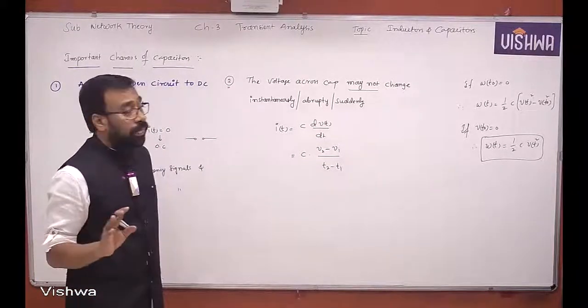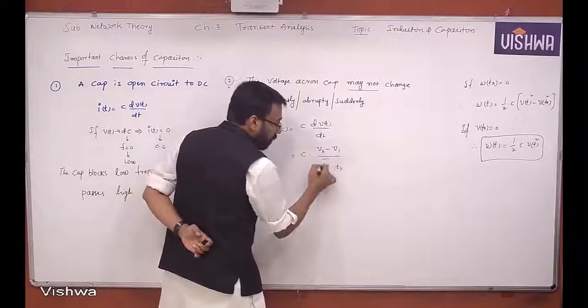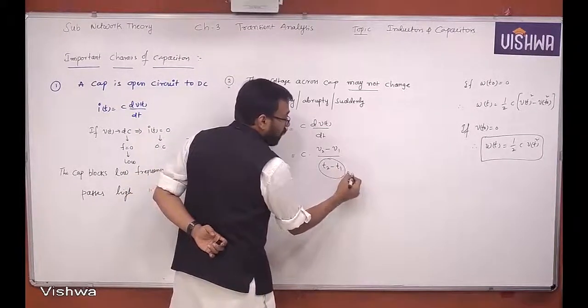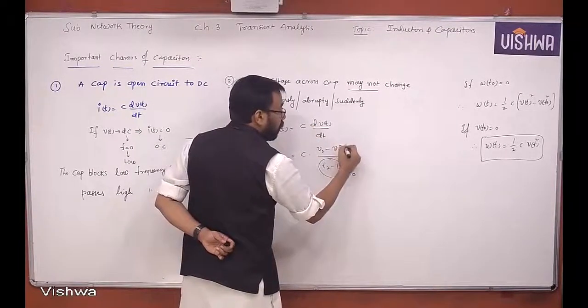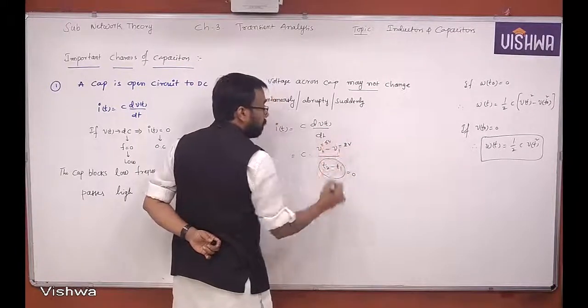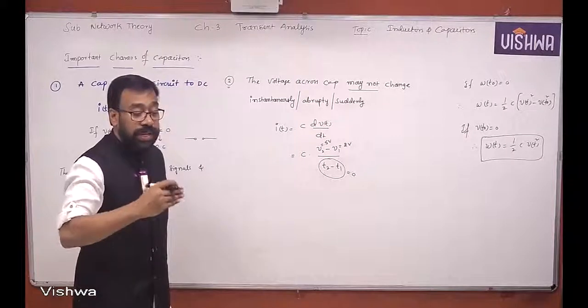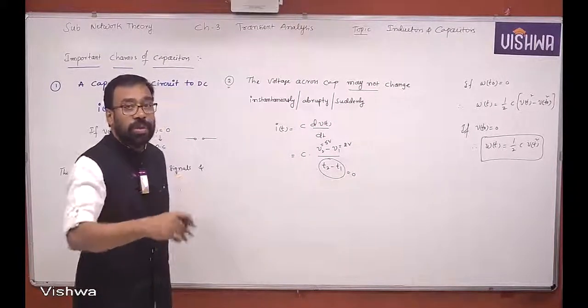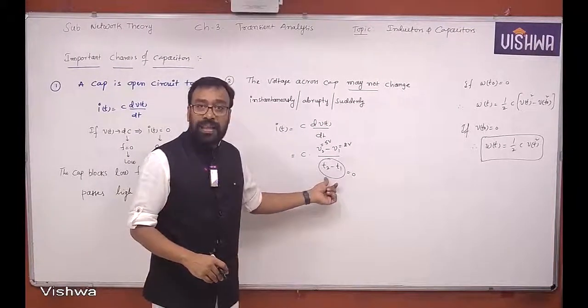That's it. Now, for example, in zero time, I would like to change the voltage across the capacitor from 2 volts to 5 volts, let us say. Do you understand? In which time? In zero time. Understand all of you?